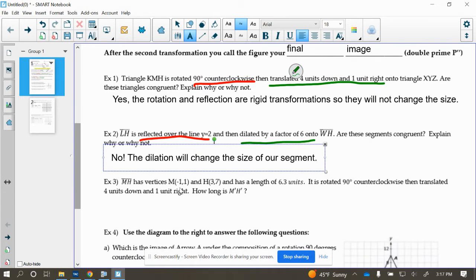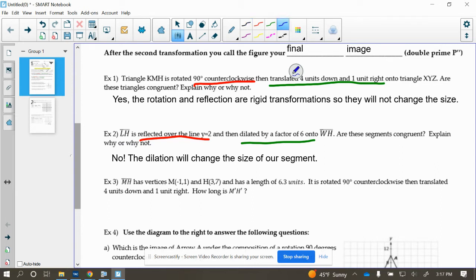Now, that being said, again, we can actually use that with legitimate numbers as well. For instance, on this one, we have an initial segment that has a length of 6.3. We're going to rotate it 90 degrees clockwise, and then we're going to translate it. Well, no matter what we're doing to it, if those are rigid transformations like a rotation and a translation are, our figure is going to maintain the exact same size and still be 6.3 units long.